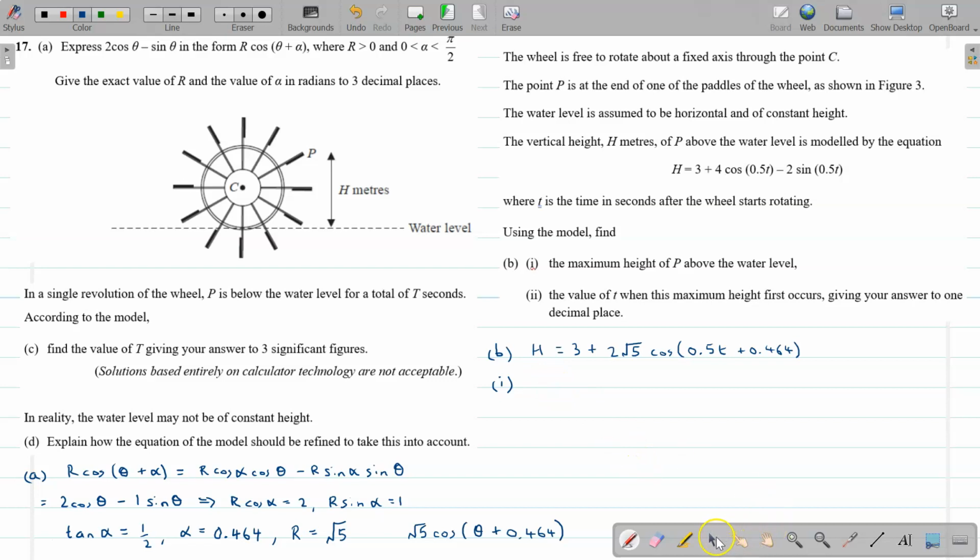Let me just explain that by saying that that has to equal 1, which implies that h max equals 3 plus 2 root 5. And that comes to 7.5 meters to 1 dp.